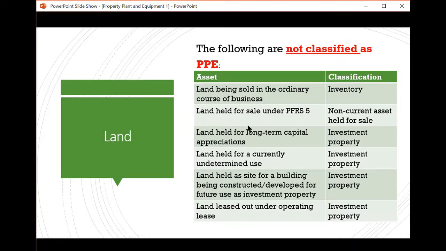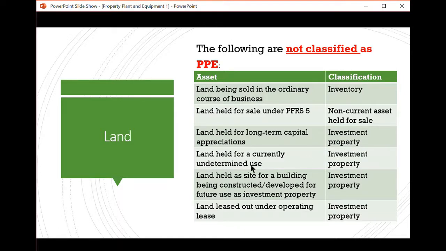The land held for capital appreciation, so unsay pasabot og capital appreciation, so that's an increase in the value of the property, so that's classified as investment property. Land held for currently undetermined use, so meaning wala ka kabalo kung unsaon ba na nimo, kung tukuran ba na nimo, or himo ba na nimong garden, or himo ba nimo na siyang imo siyang paabangan, wala ka kabalo unsay gamit, so that would be classified as investment property.